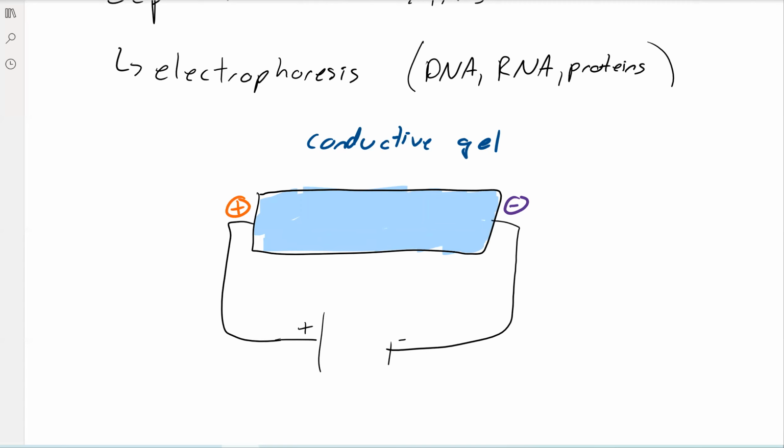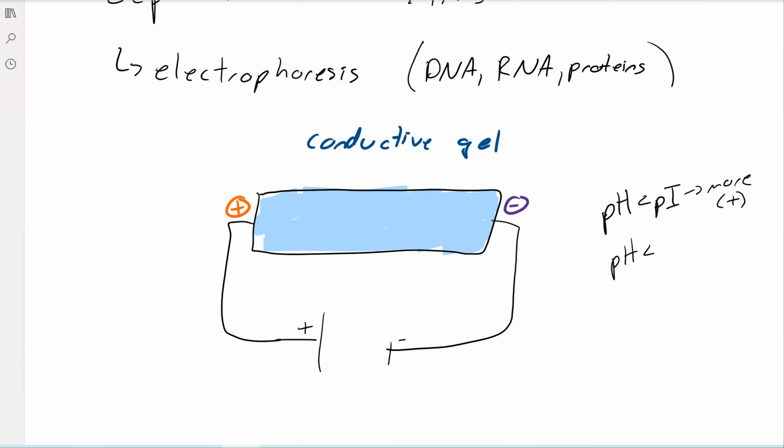Its charge depends on how protonated or deprotonated it is, which we can summarize through the pI. For example, if your pH is less than your pI, that means your compound is in an acidic solution. So everything's going to be protonated, which means everything's going to have H+, so it's going to be more positively charged.